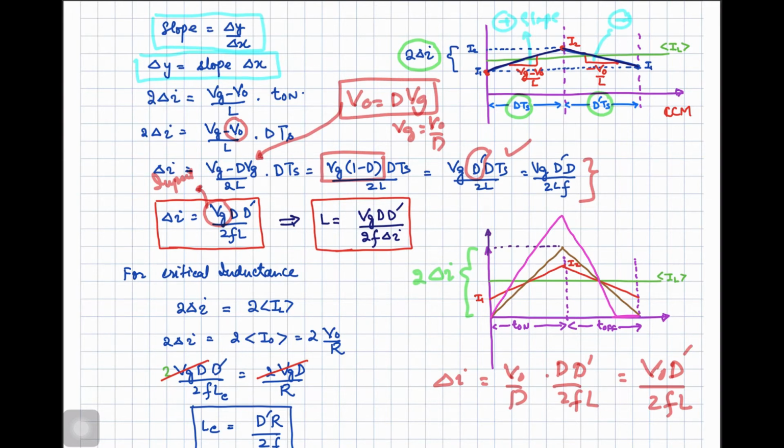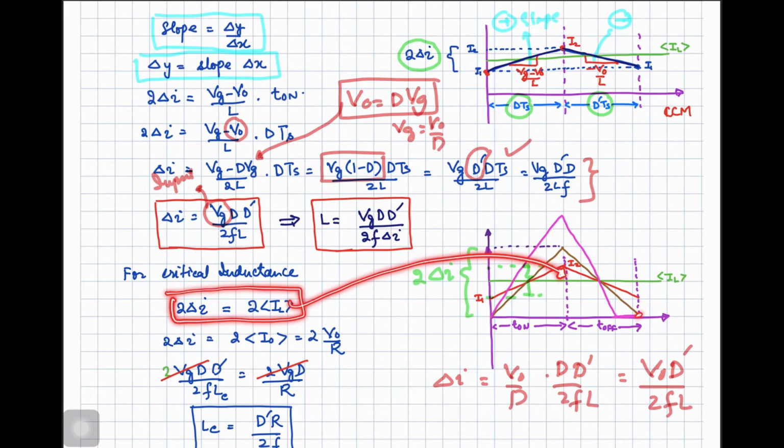When the ripple is small, this is delta I, and this is your average current. When you increase the ripple, the average current stays at the same point. So this delta I is equal to the average current IL, and this other part is also delta I, and the sum of these two is 2 delta I. So 2 delta I should be equal to 2 times the average inductor current.